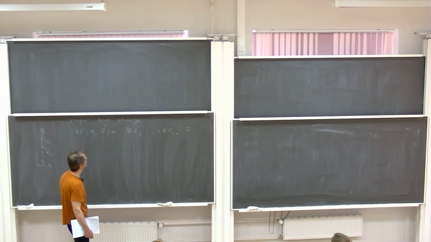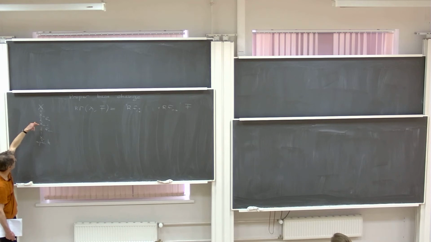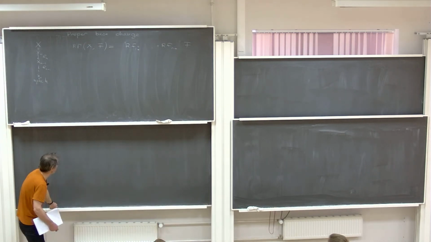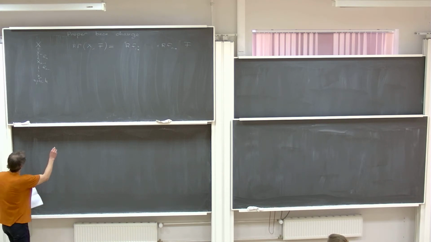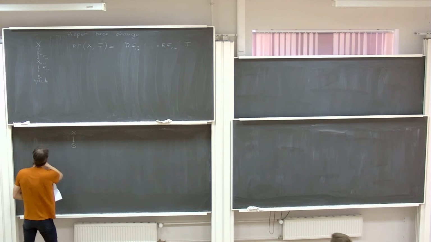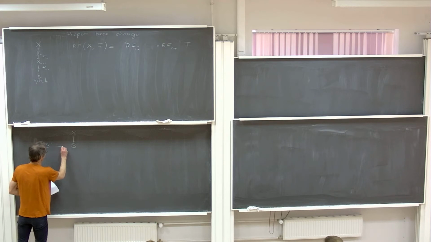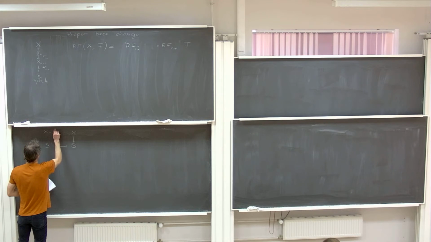So the tool that we need for this: we know something about homology of the fibers, and we want to say something about the derived direct image. So this is the main theorem. Well, before I state the main theorem, let's assume that we have any morphism from X to S. And I give myself another scheme S prime, and I form the base change square, X times S prime.